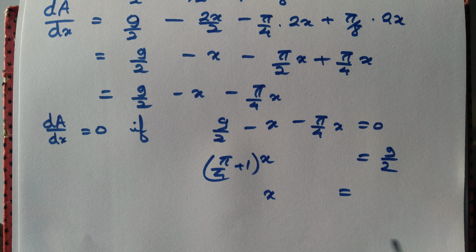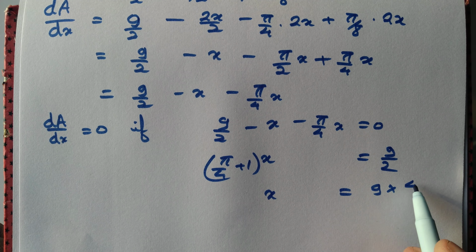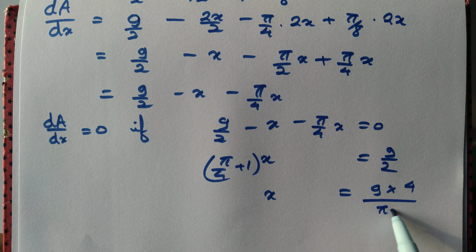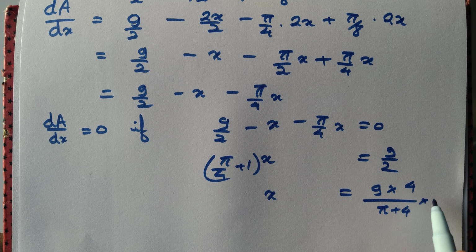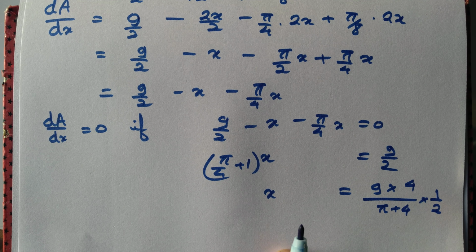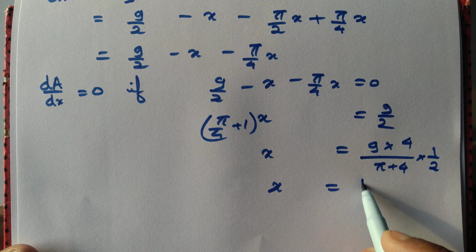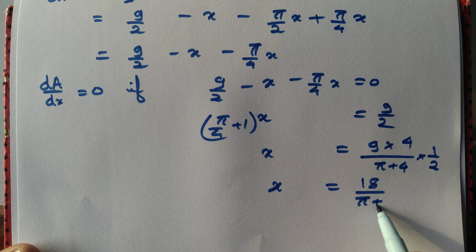So x must be equal to 9 times 4 divided by (pi + 4), times half. And so x equals 18/(pi + 4).